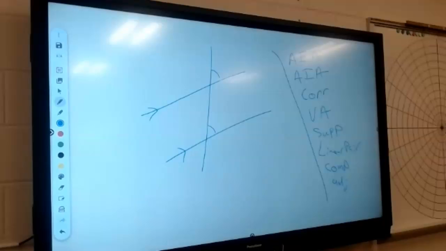Now let's go to your worksheets that I just gave you. So let's go to this one right here. Okay? Now, what do you think AIA stands for according to the directions right here on this page, Rambo?